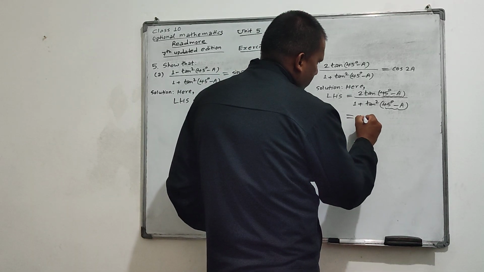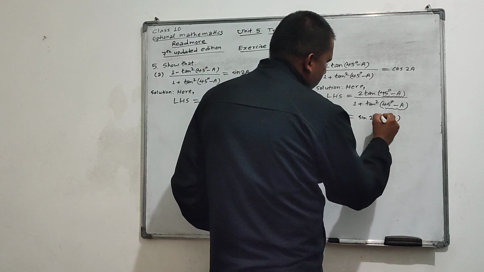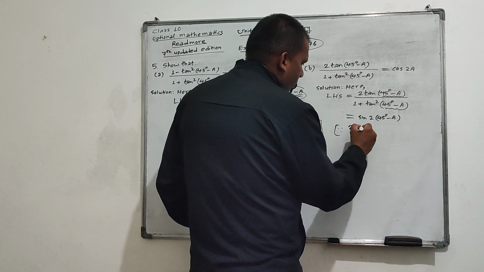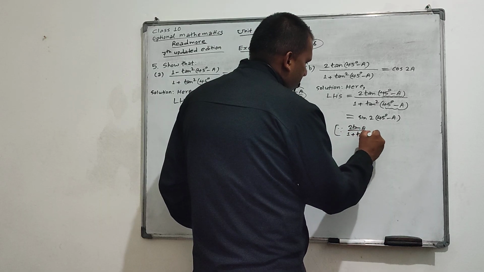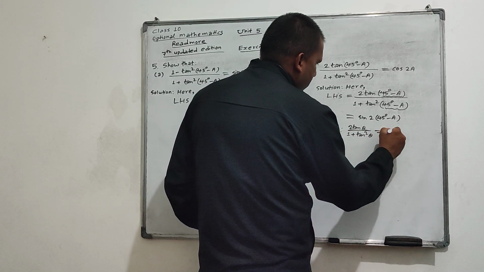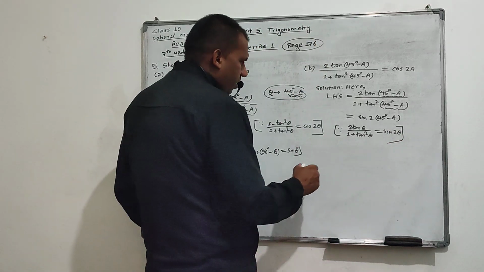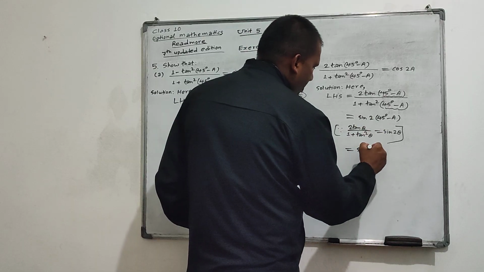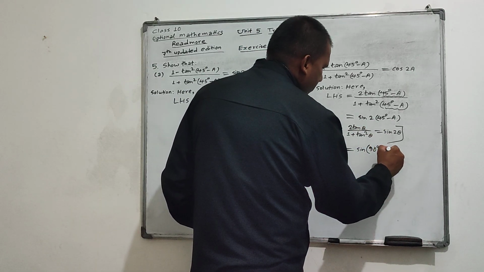So we can write sin 2 (45 degree minus A), because 2 tan theta upon (1 plus tan square theta) equals sin 2 theta. Now this equals sin (90 degree minus 2A).